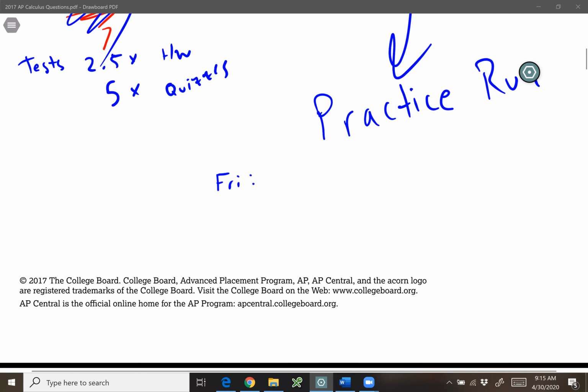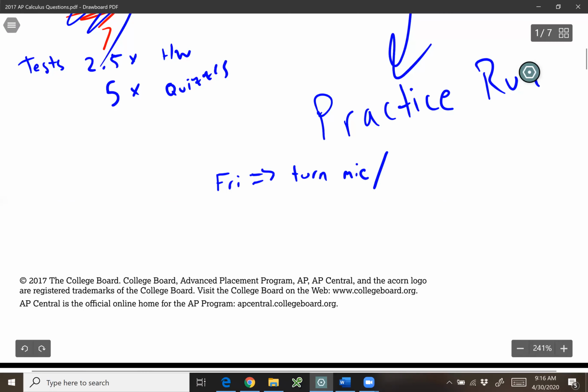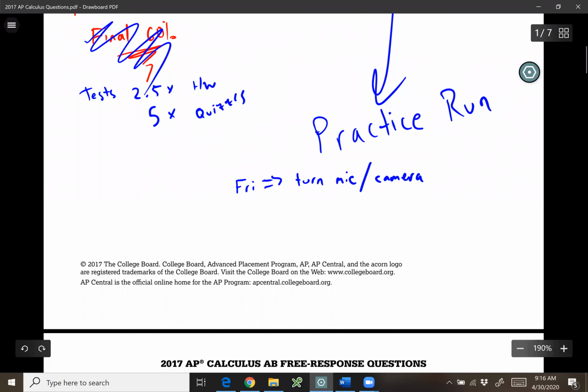Basically in the Zoom, I want you to either turn on your mic or turn on your camera. What I would recommend is put your volume to 0 on your computer, so that way you're not hearing other people.